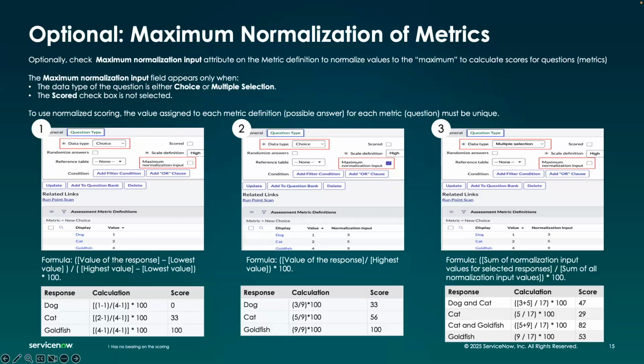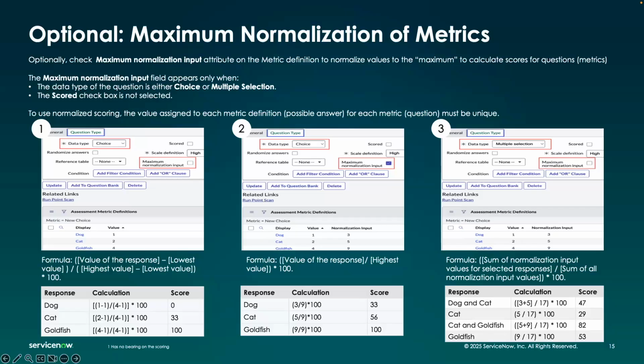In example 1, maximum normalization is not applied. Based on the calculations, when dog is selected as a response among the offered choices, the normalized score evaluates to 0 for that response. In contrast, in example 2, when dog is selected as the response among the same offered choices, the normalized score evaluates to 33 for the same question response.